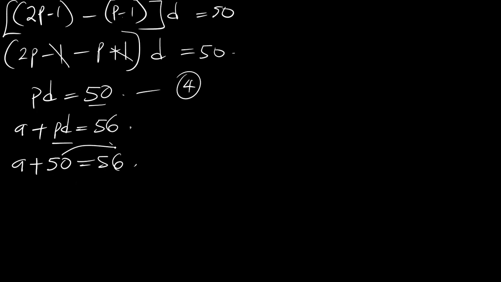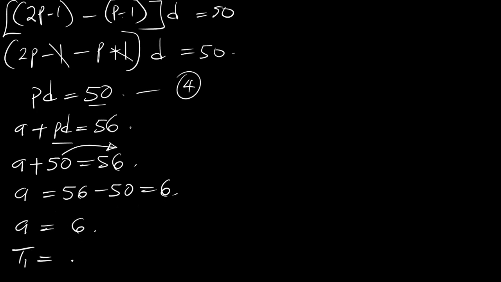Now if we move this 50 to the other side, you have a is equal to 56 minus 50, which is equal to 6. So a is equal to 6. And the first term is equal to a, which is equal to 6. So that is the final answer.